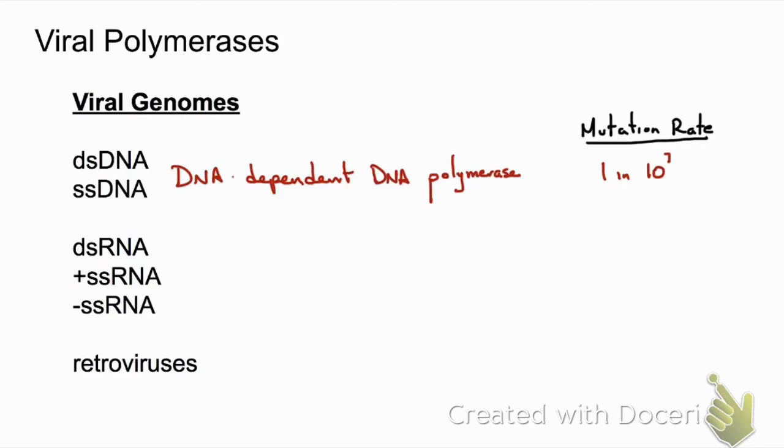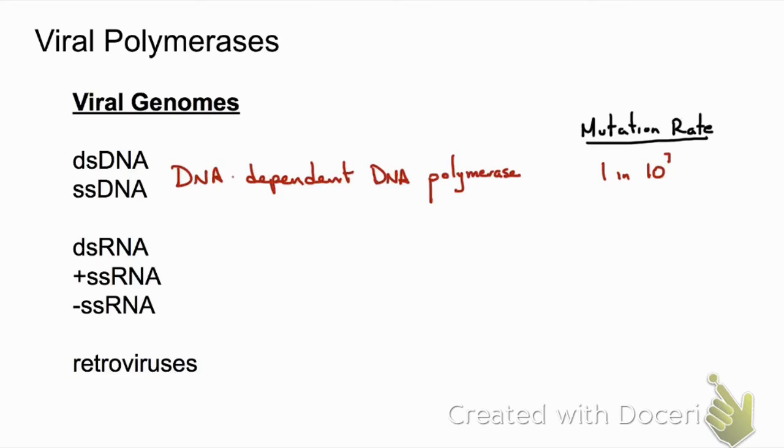And in fact, the eukaryotic and the prokaryotic DNA polymerases are DNA-dependent DNA polymerases. In some cases, these double-stranded and single-stranded DNA viruses may use host polymerases in order to perform replication and transcription.